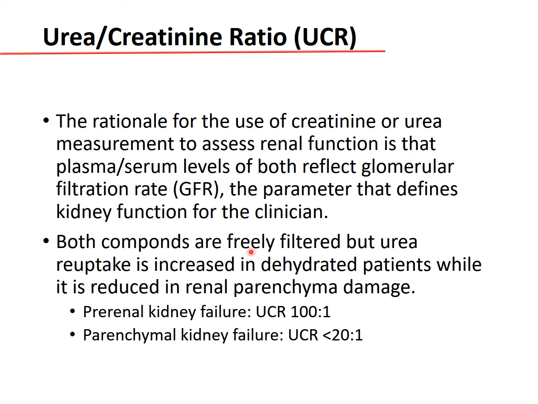Both compounds are freely filtered, but urea reuptake is increased in dehydrated patients while it is reduced in renal parenchymal damage. In pre-renal kidney failure, this ratio is 100 parts of urea to 1 part of creatinine, so it's 100 to 1. In parenchymal kidney failure, this ratio is less than 20 to 1.